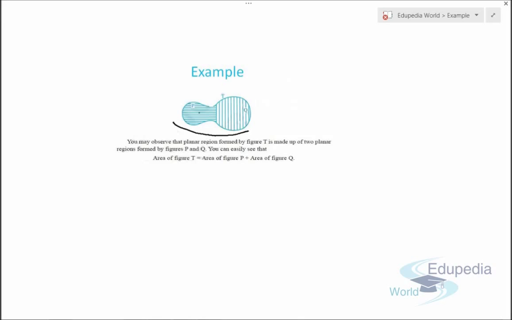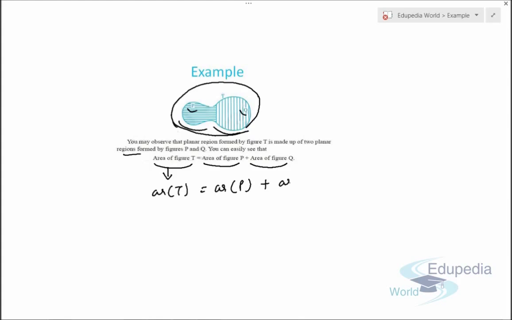This whole figure is named T and it's divided into two figures, P and Q. These are made of two planar regions formed by P and Q. You can see that the area of figure T is equal to the area of figure P plus the area of figure Q. Means this whole complete figure T is the sum of P and Q. If we need to write the area in short form, we can write area of T, area of P plus area of Q.